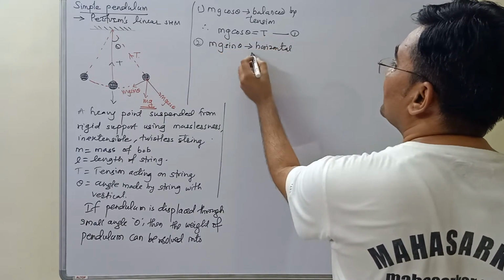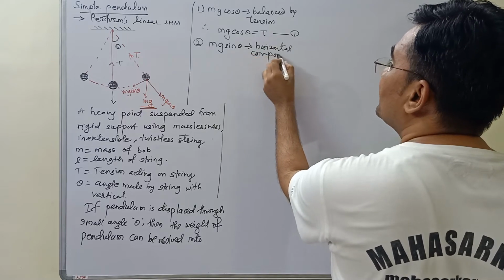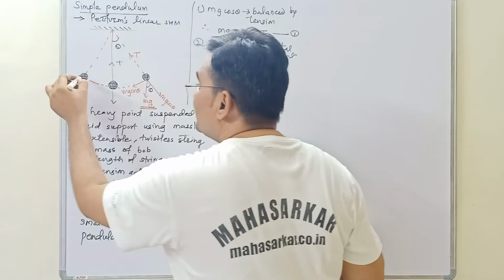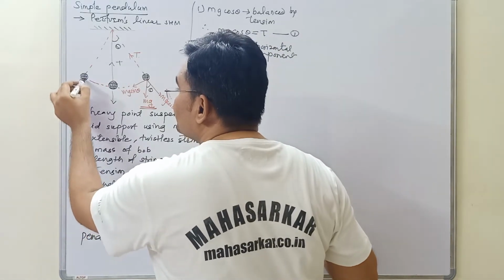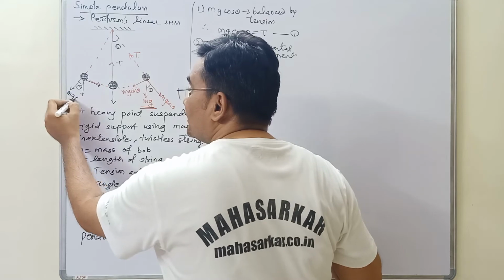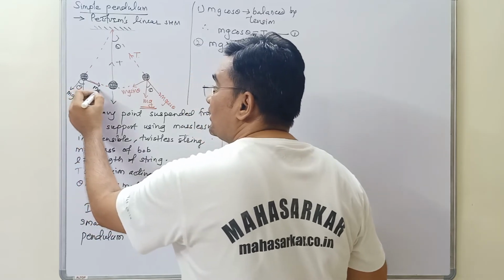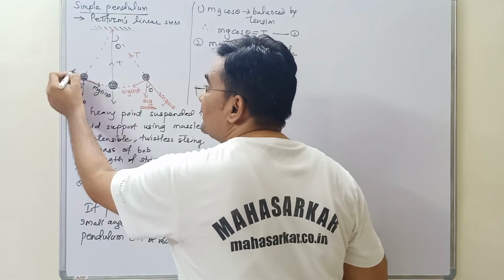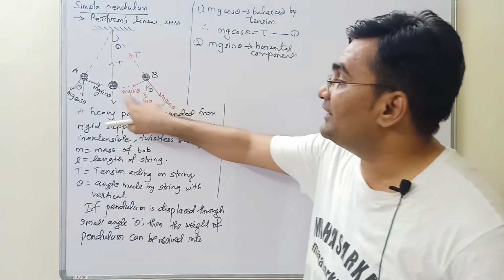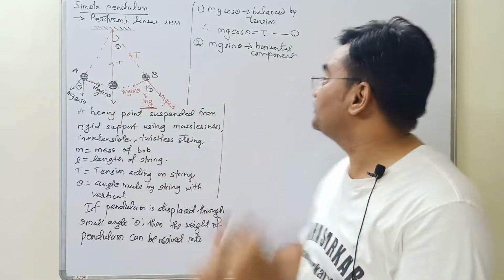Mg sin theta will be which component? Horizontal component. So if you consider at any instant, if this is angle theta, this will also be theta. Here also it is going to resolve into this side. So if this is angle theta, this will be mg cos theta and this will be mg sin theta. So either it is at extreme position A or extreme position B, the mg sin theta is always directed towards the mean position.